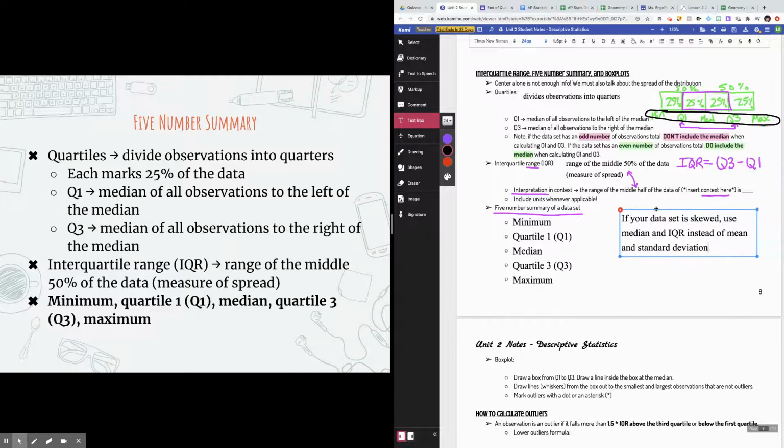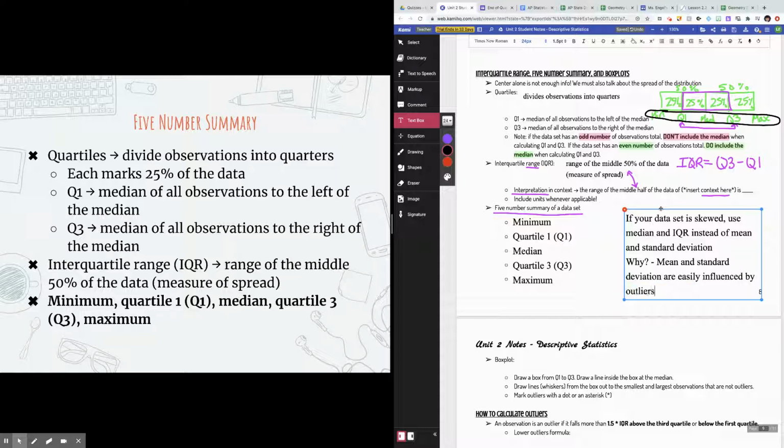And again, the reason for that is because mean and standard deviation are easily influenced by outliers. So median and IQR are a better representation of the truth.